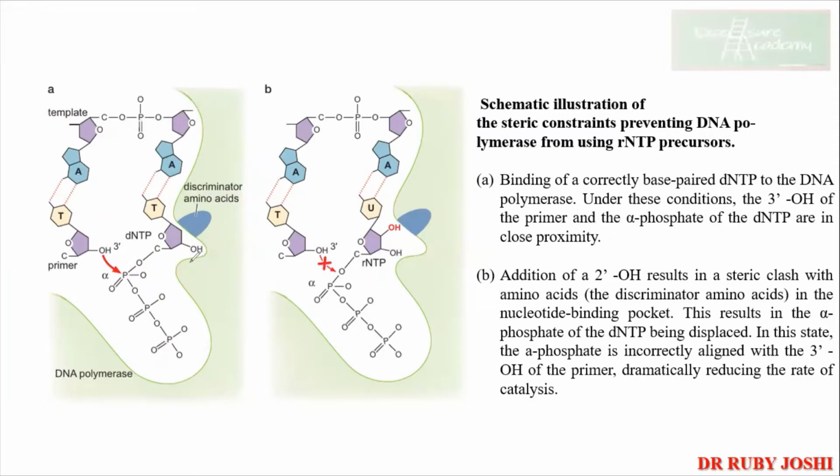In the case of the correct one, you don't have OH here. What is present over there? The 2-H. So it is not taking the space. There is no steric clash. The OH of the ribose is not fighting for the space with the amino acids which are present over here.